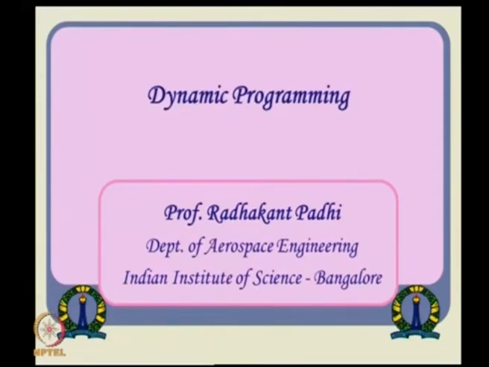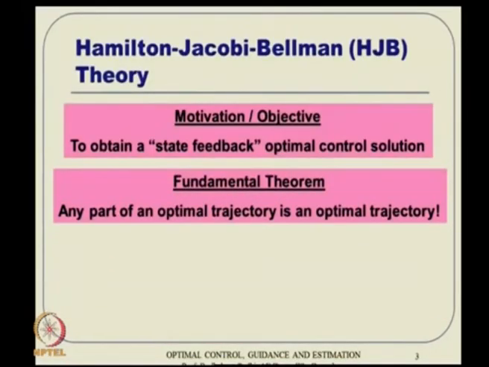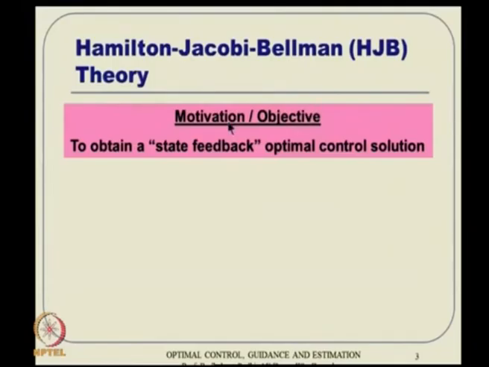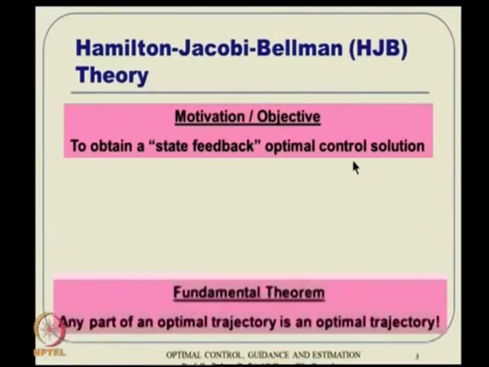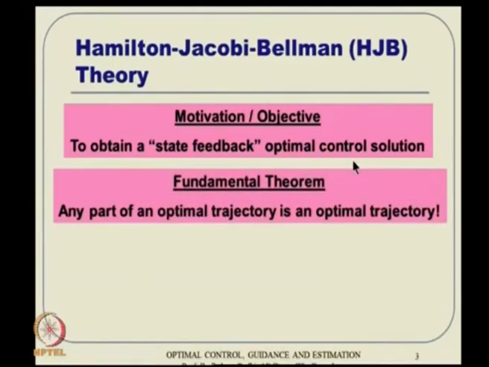The next topic that we discussed is dynamic programming, motivated by the objective that we want a state feedback optimal control solution. Open loop sort of things we are not happy with anymore. Then there is a fundamental theorem of optimal control which tells us that any part of the optimal trajectory is also an optimal trajectory.